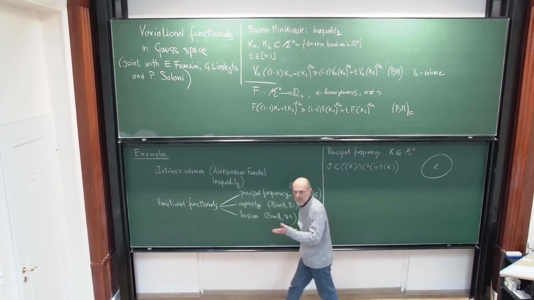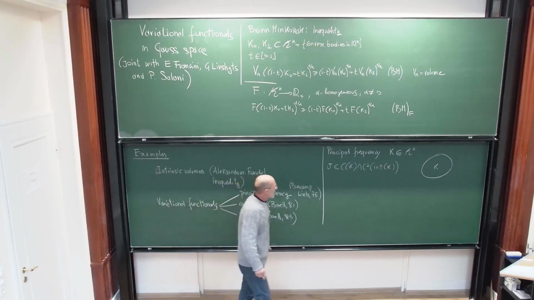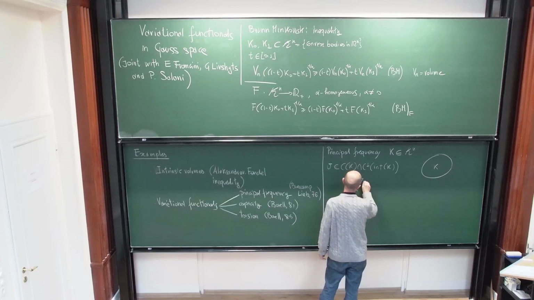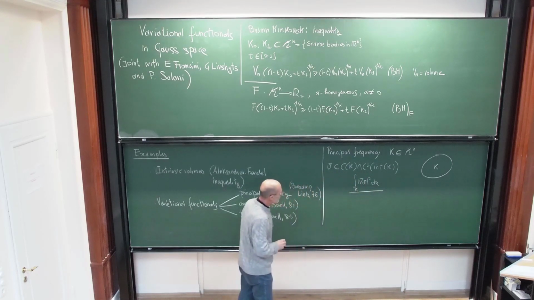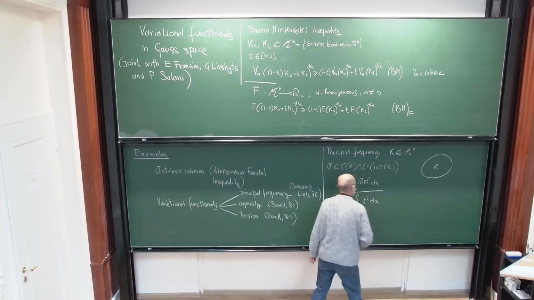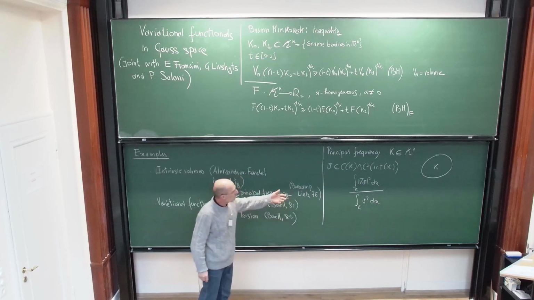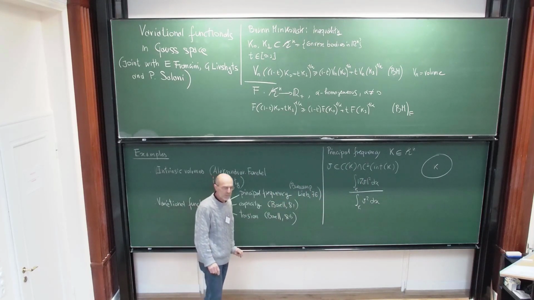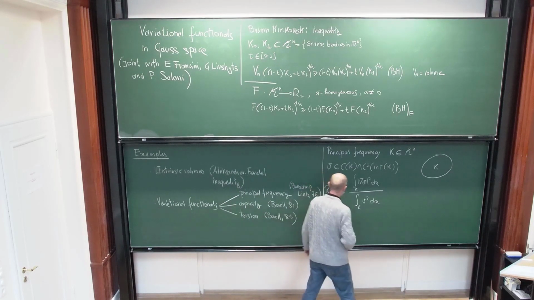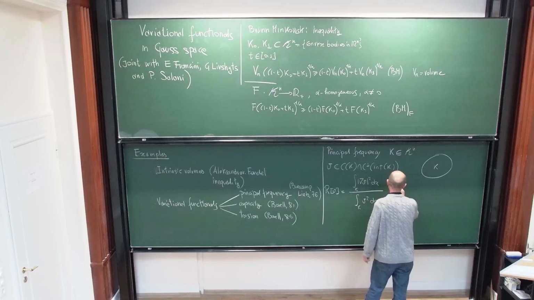So you need the gradient to define this object, and then you consider this ratio, the integral of the gradient of V norm squared over K divided by the integral over K of V squared. So the L2 norm squared of the gradient over the L2 norm squared of the function. This ratio I will denote by R of V, and R is because of Rayleigh. This is the Rayleigh quotient.